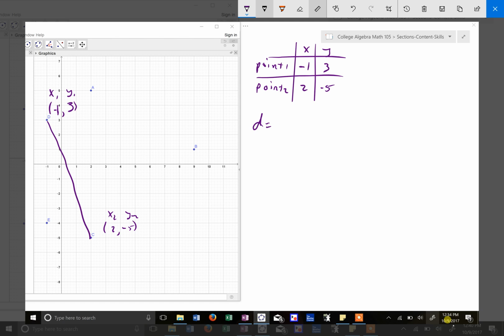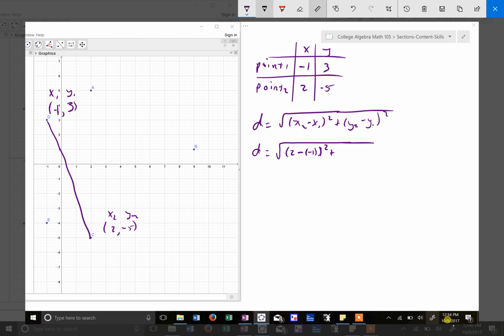Now remember, the distance formula says square root of x2 minus x1 quantity squared plus y2 minus y1 quantity squared. And then we go, distance equals, let's say x2 would be 2 minus a -1. You have to be careful with your parentheses.